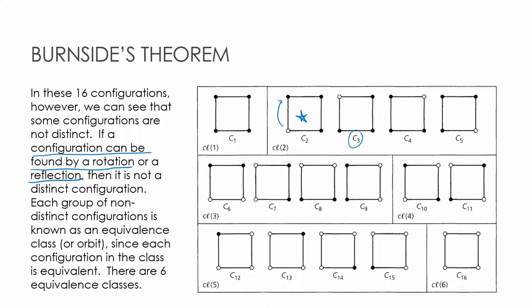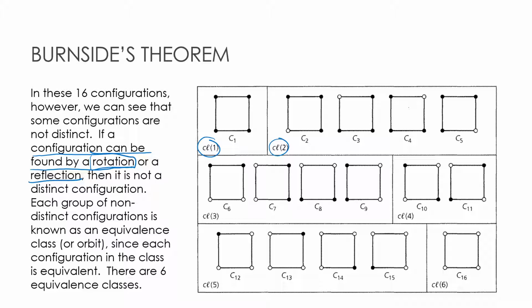And if I rotated this guy to the right, then I get this guy. And if I rotated this guy to the right, then I get this guy. So these are all essentially the same because I can get the same thing by a rotation or a reflection. So I've grouped these together. This guy I didn't group with anything else because all 4 are black and nothing else changes.